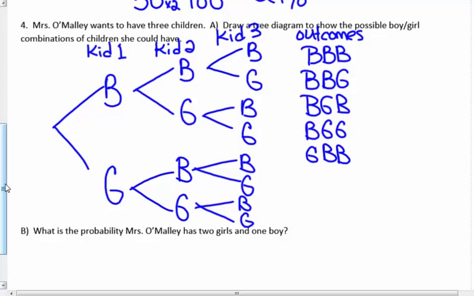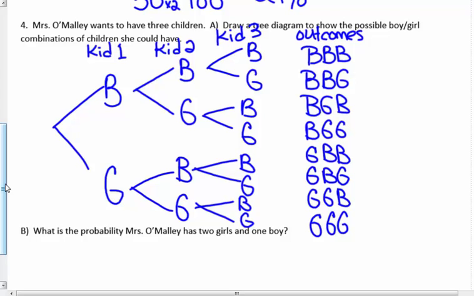Or girl, boy, girl. We could have girl, girl, boy. Or girl, girl, girl. So there's all my 8 outcomes. When you have 2 possibilities 3 times, 2 times 2 times 2, it gives you 8 total outcomes.